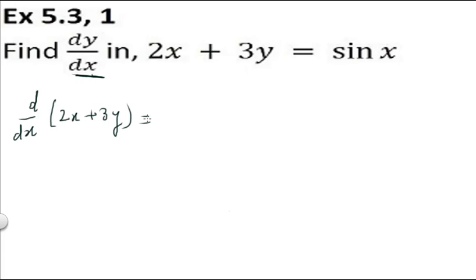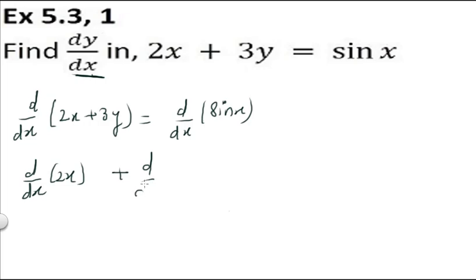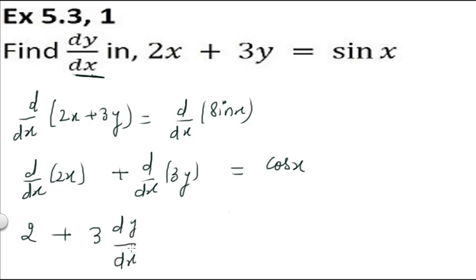Writing dy by dx on both the sides, we will separate dy by dx of 2x plus dy by dx of 3y equals dy by dx of sin x, which, you know very well, is cos x. 2 is a constant. Dy by dx of x will be 1, plus 3 as it is. Dy by dx of y is written as dy by dx.